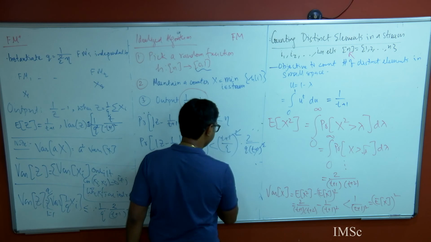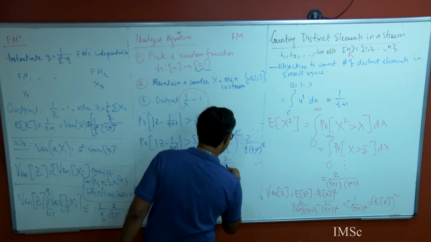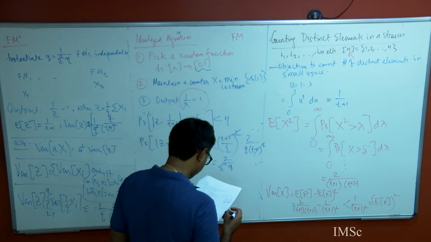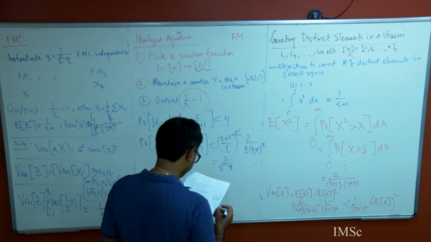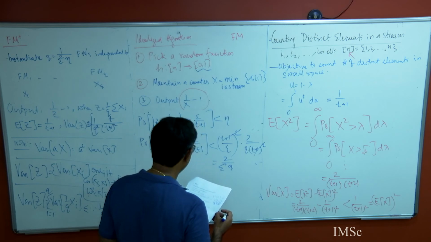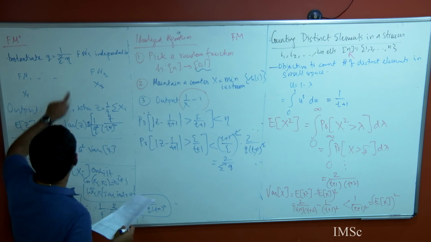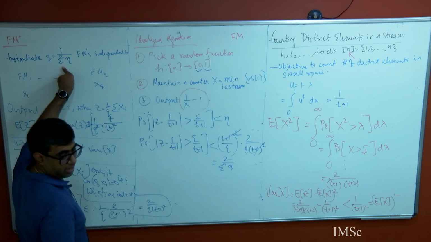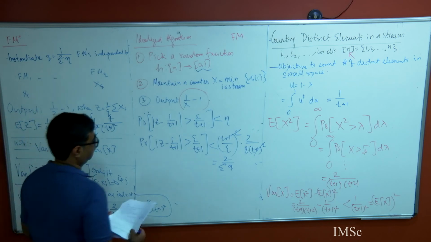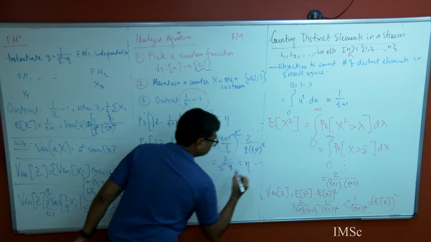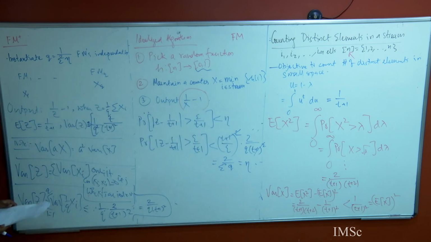So this and this will cancel, and what will you get? 2 times epsilon square times q, right? Okay, what was q? We fixed q somewhere. Q was 1 over epsilon square eta. So this will give us eta, right?